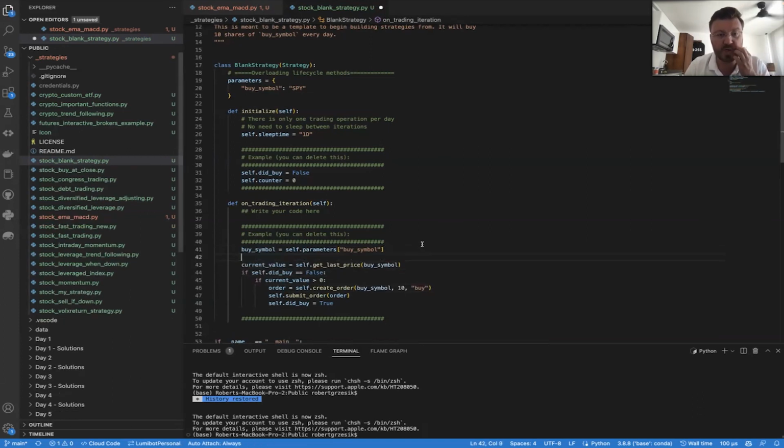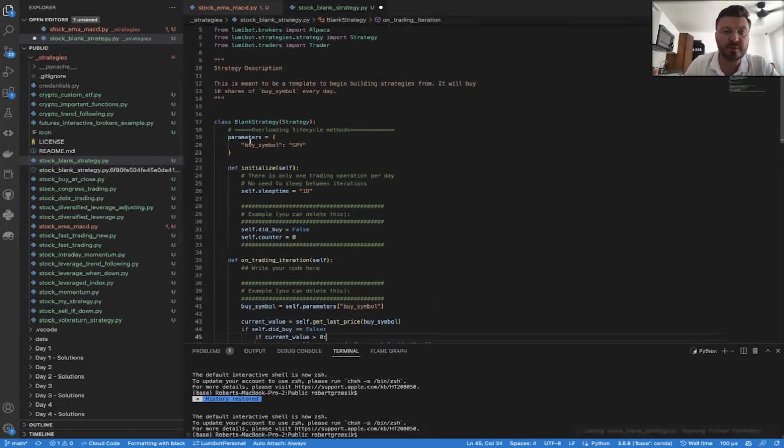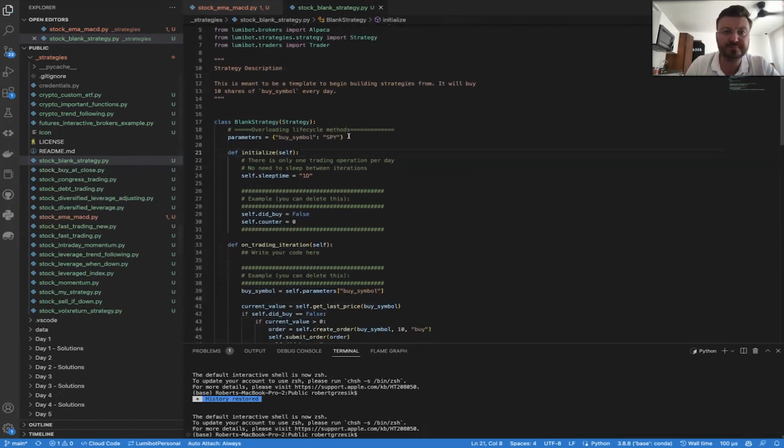This is a more modern version. I actually made a bunch of changes since this code was originally made. All right, so I have parameters in here now too. Okay.